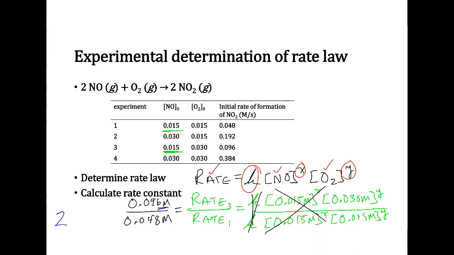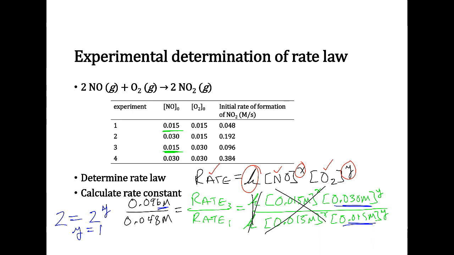And then this expression here, 0.030 divided by 0.015, both raised to the Y, we can rewrite as 2 to the Y. So that means that Y has to be 1. Okay, we'll discuss the law of logarithms in class. All right, so we just found our exponent for oxygen. We just found what Y is.